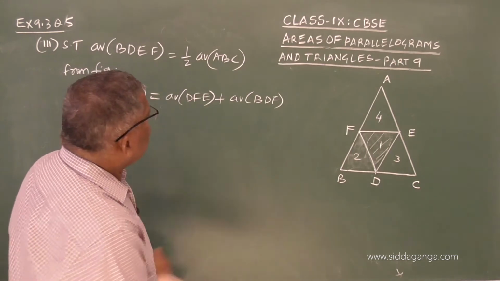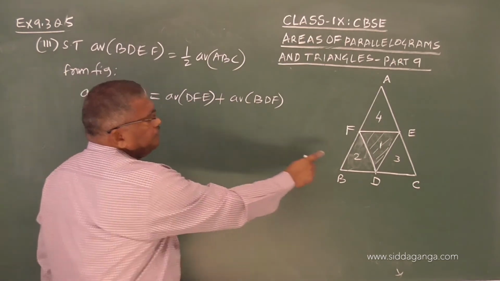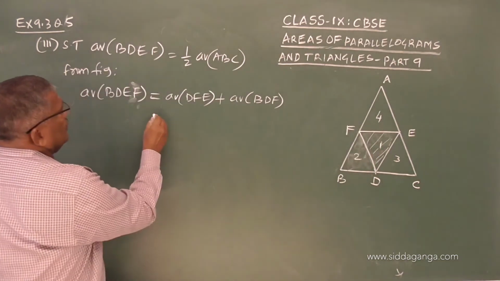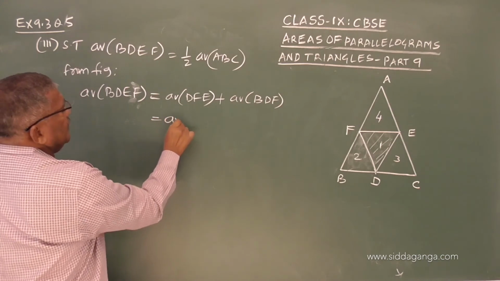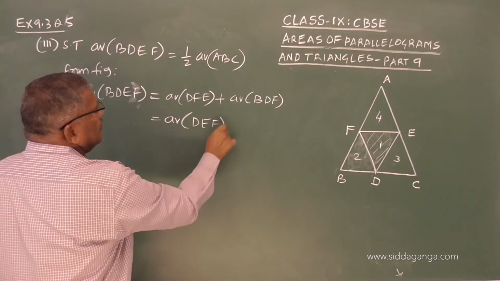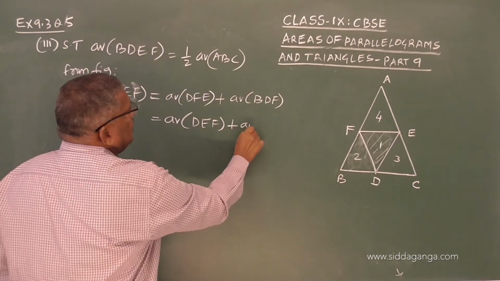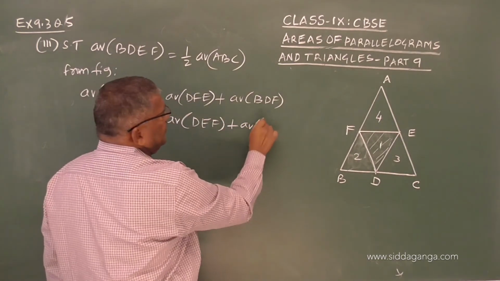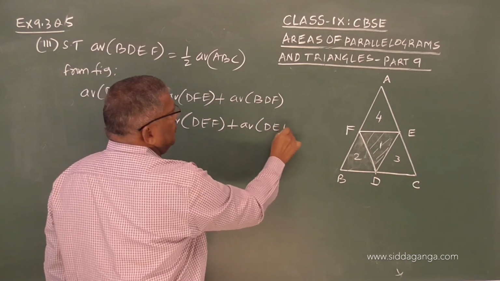Now, we know that these two are equal. Therefore, I will write area DEF and area, instead of BDF I will write DEF only.